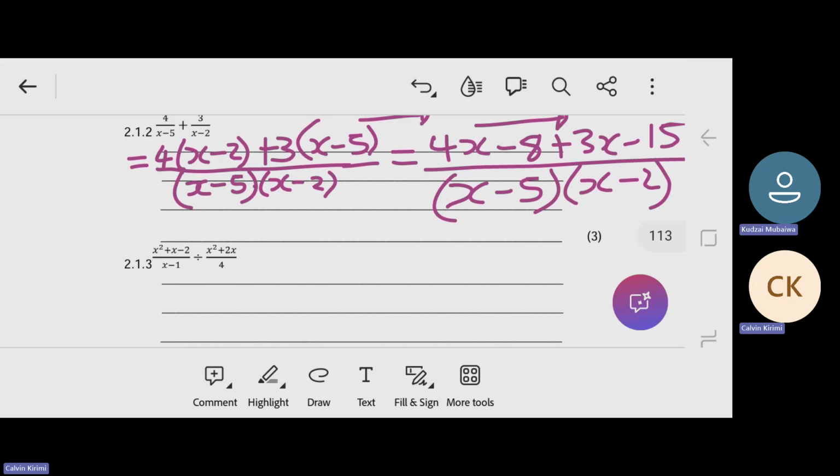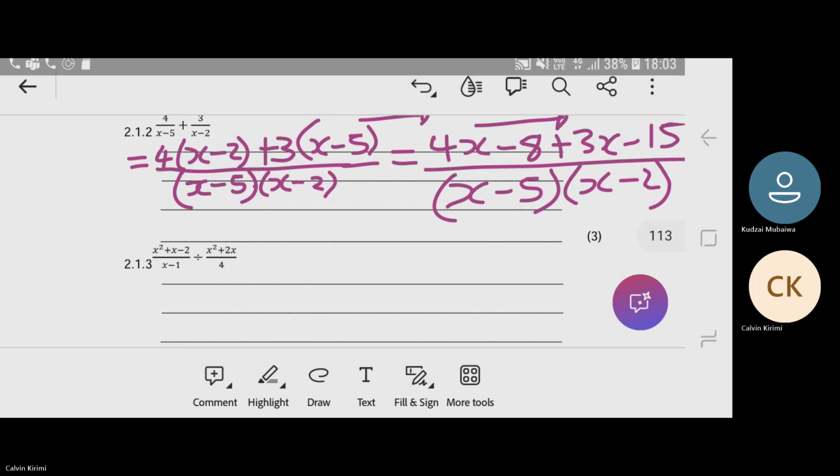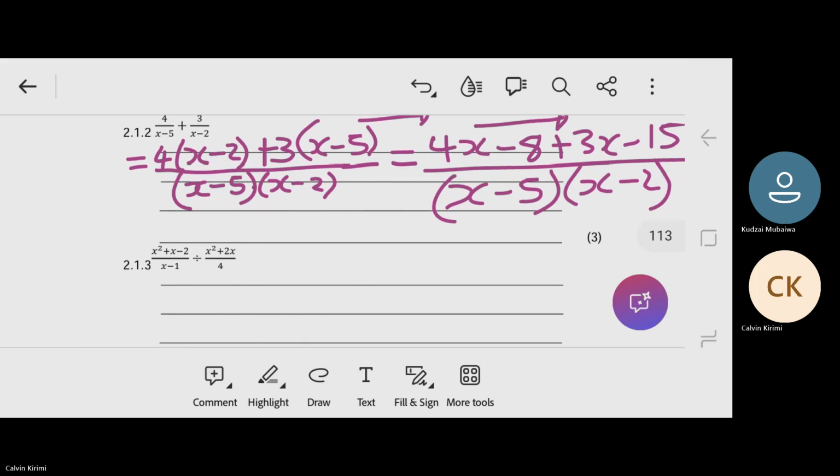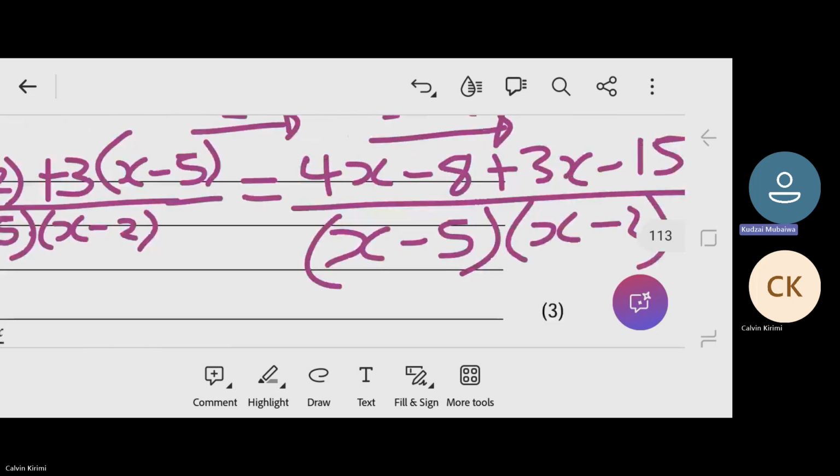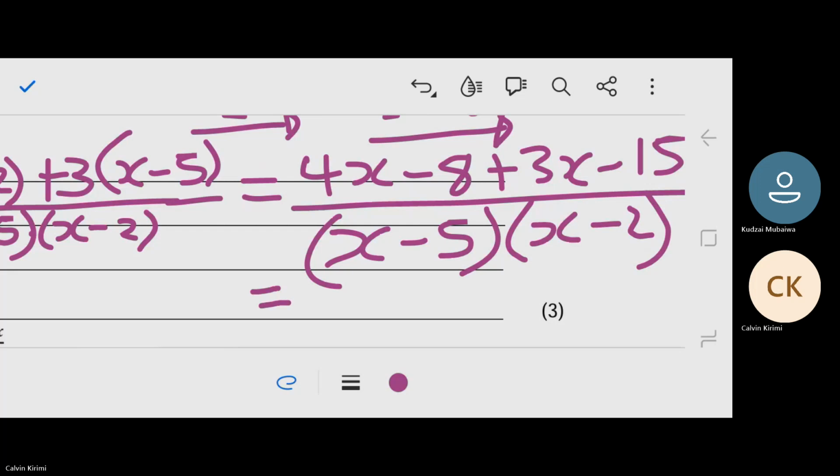From there we are going to solve for the numerator, isn't it? Yes, sir. So 4x plus 3x is what? 7x. Minus 8 minus 15 is negative 23.